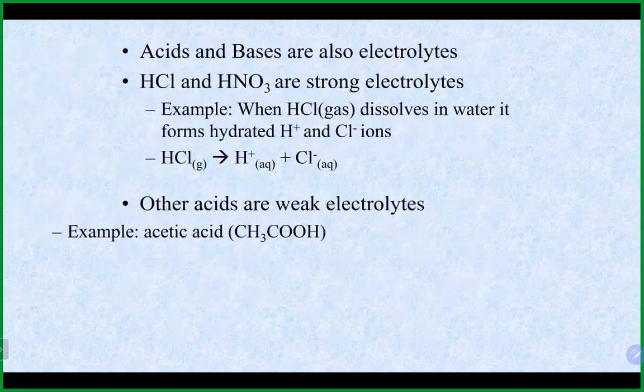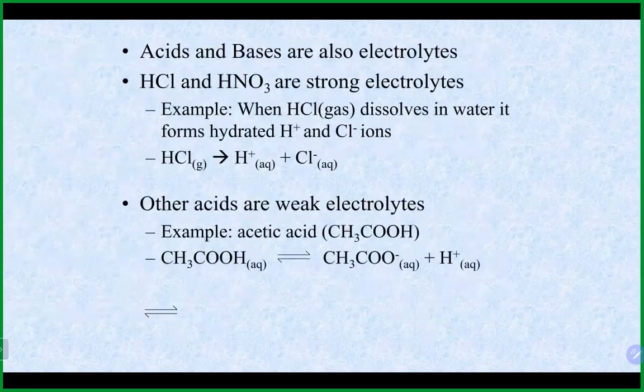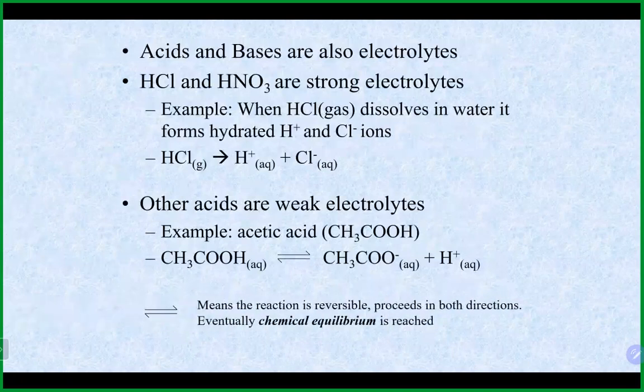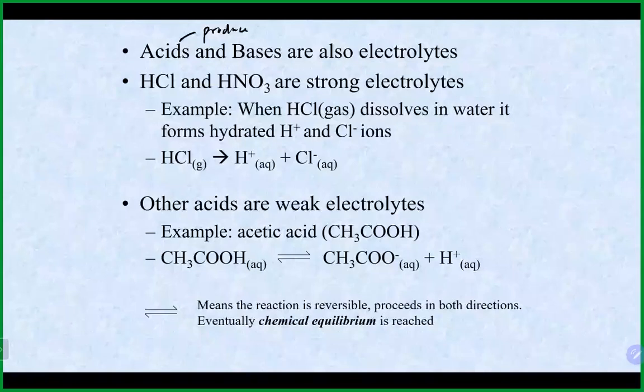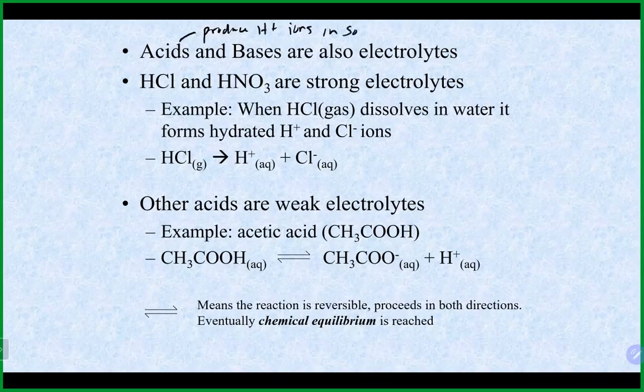So acids and bases are also electrolytes. An acid is something that can produce H+ ions in solution. And a base is something that can produce OH- ions in solution, or hydroxide ions.